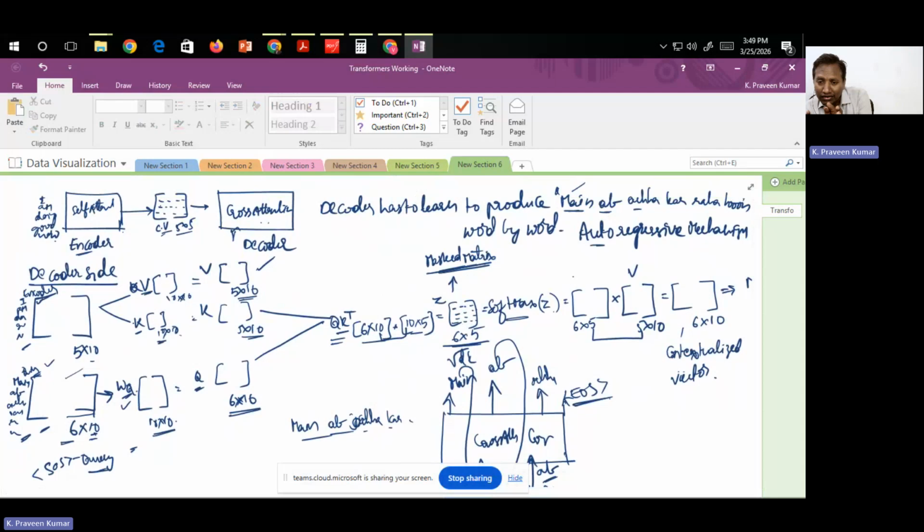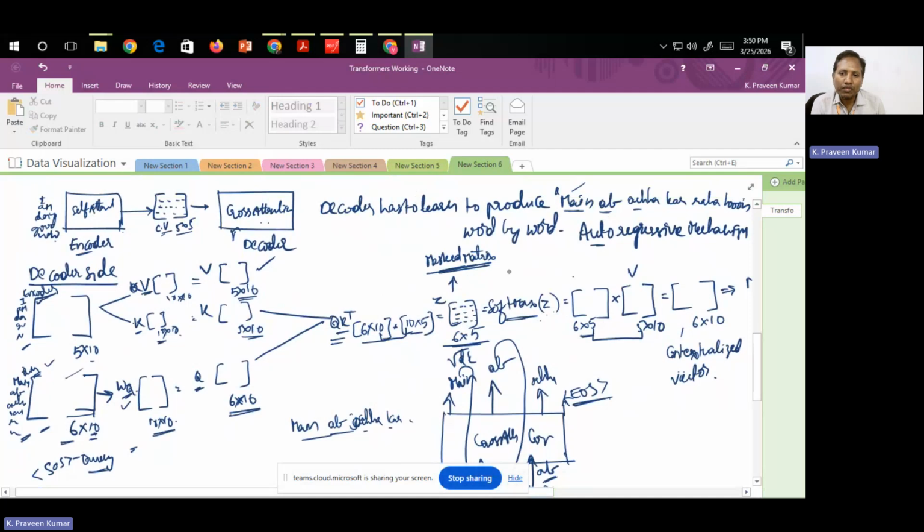Why this problem? Here we wanted to perform it in parallel. We wanted to do it in a very fast way, at the same time it should be auto regressive. So to achieve this auto regressive behavior with parallelization, we are using this masking concept. Then we perform the softmax on this masking matrix, and we are going to get the output as 6 cross 5.